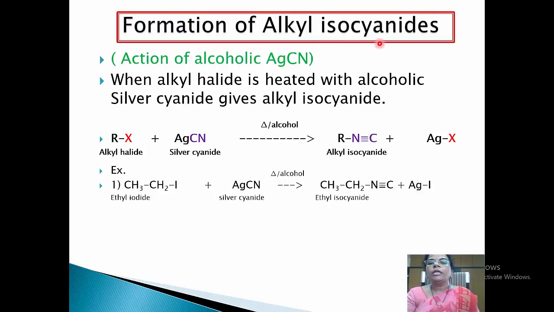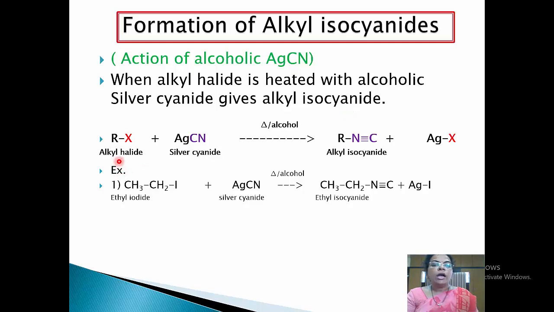Formation of alkyl isocyanides. Action of alcoholic AgCN: when alkyl halide is heated with alcoholic silver cyanide, it gives alkyl isocyanide. Isocyanide means NC, that is the alkyl group gets attached to the cyanide group through the nitrogen atom, that is a bond between carbon and nitrogen is formed.